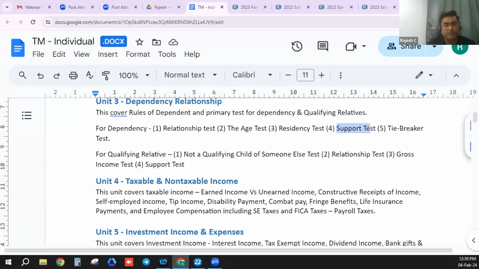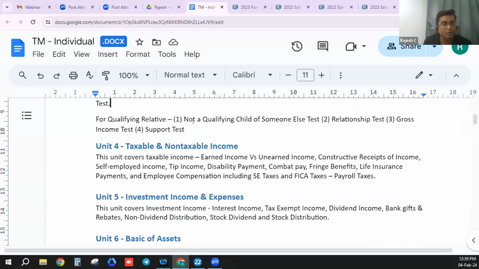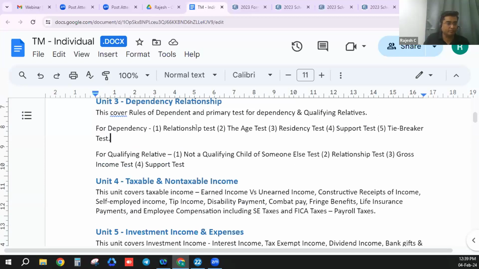The support test means whether the person is dependent on you; you have to provide more than 50% support to your dependents. And there are also tiebreaker rules. If they pass all the tests, only then are you able to claim them as a dependent, whether it is your son or your daughter. And then there are qualifying relatives. A qualifying relative is not a qualifying child or someone else's; the tests are the relationship test, gross income test, and support test. These are the different tests we'll cover in unit 3.